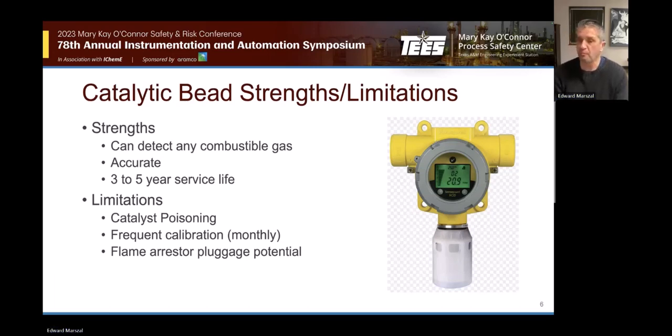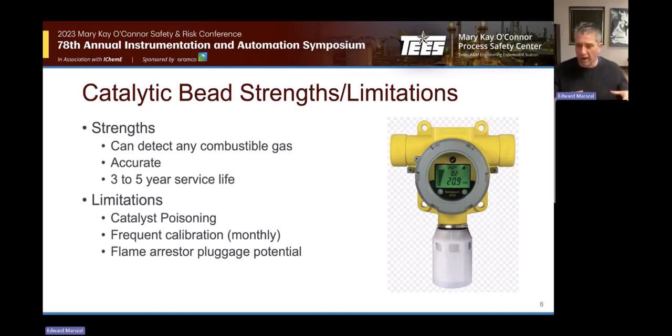Now, why would some people choose not to use the low-cost proven alternative? Well, number one, that catalyst can get poisoned. So if you expose the catalyst to certain chemicals, possibly sulfur.